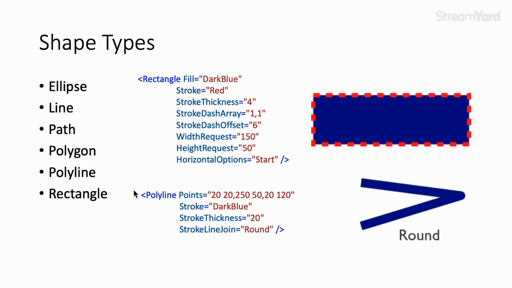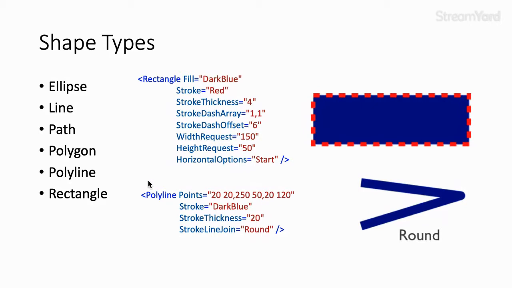There are different types of shapes that we can include in our mobile applications, such as rectangle, polygon, polyline, and path. And in all cases, they share several properties, including the ones that we mentioned earlier, such as stroke or fill.